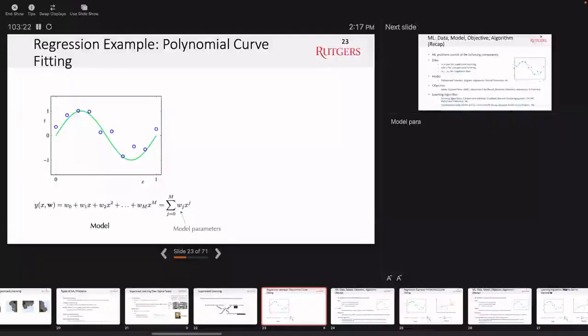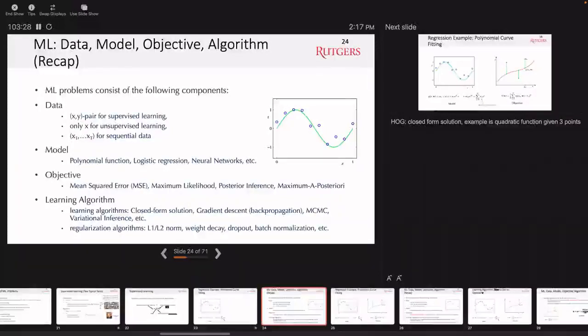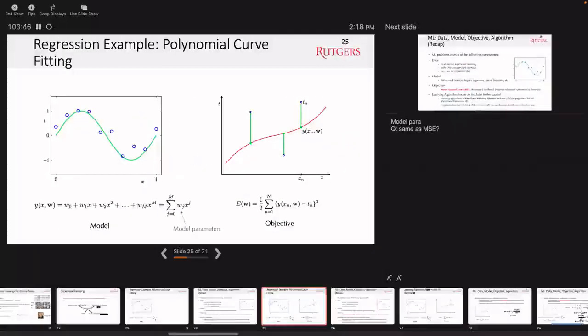So what's next? Next is that, let's check the list, right? The next is that you need to decide on an objective function, right? And then you're going to minimize or maximize the objective function to learn your optimal parameter. So in this case, this is regression task. So we're going to use MSE as our objective function. This is slightly different from MSE, but it's actually very similar.